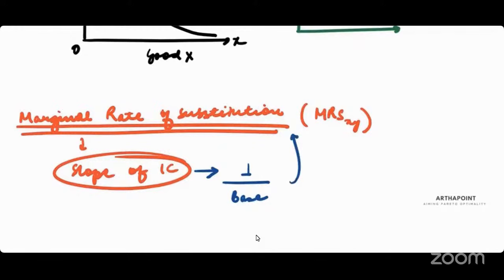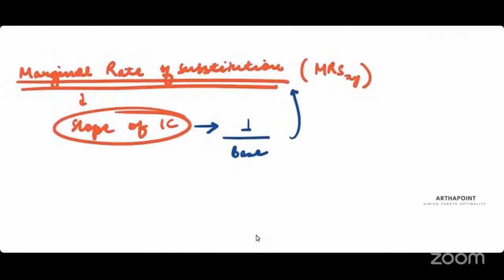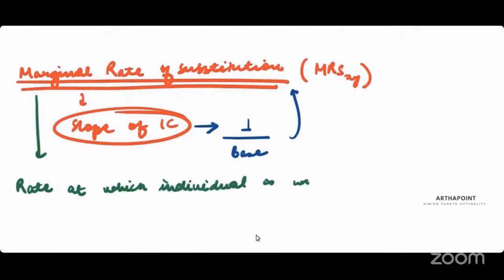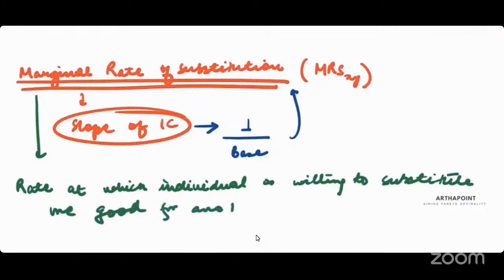And what does it tell us? It tells us the rate at which an individual is willing to substitute one good for another.